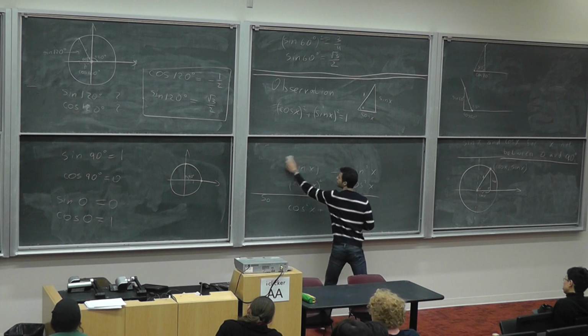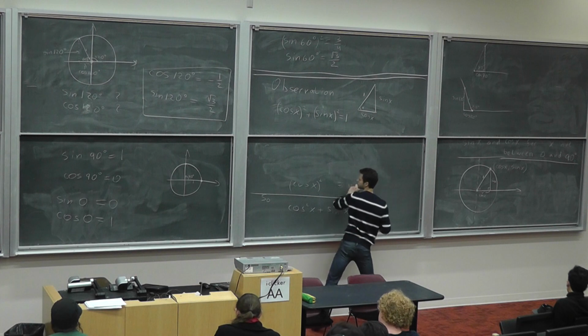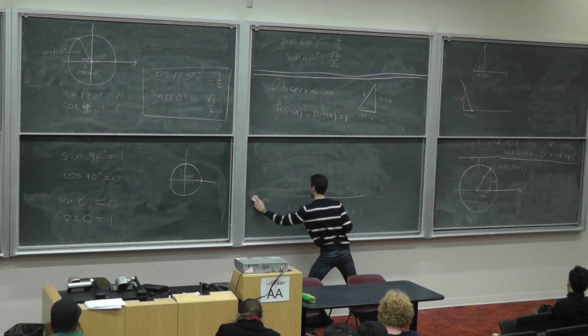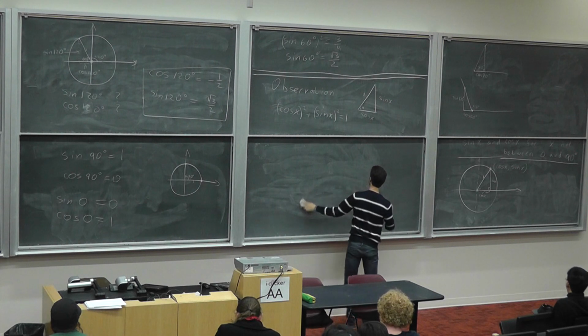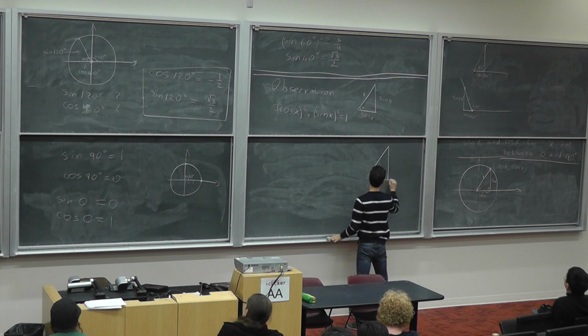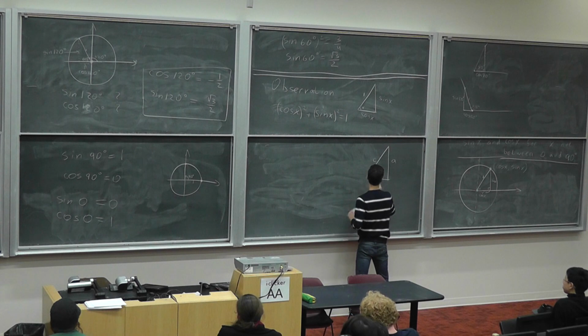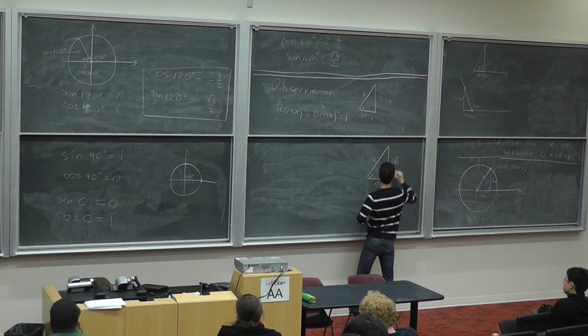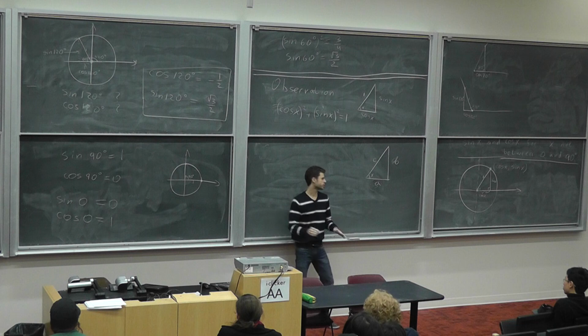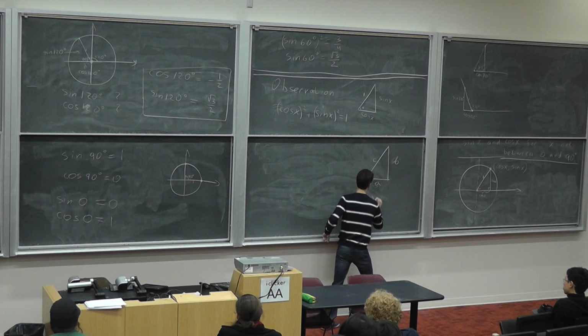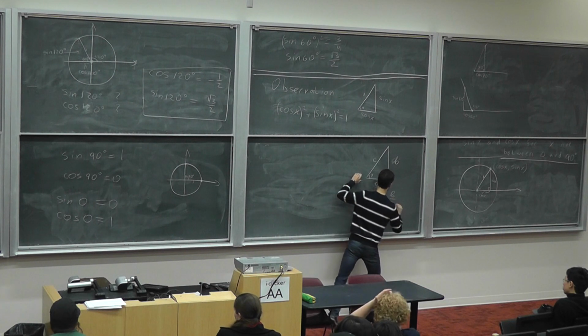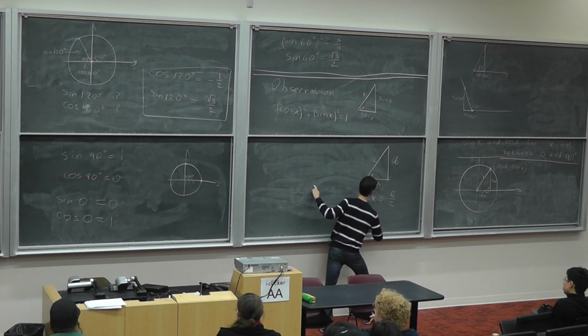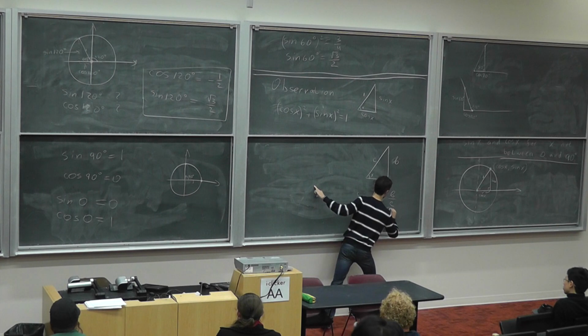Okay, so a short summary of what we know. So first of all, geometric problem. Sine of this angle is this ratio and cosine is this ratio.